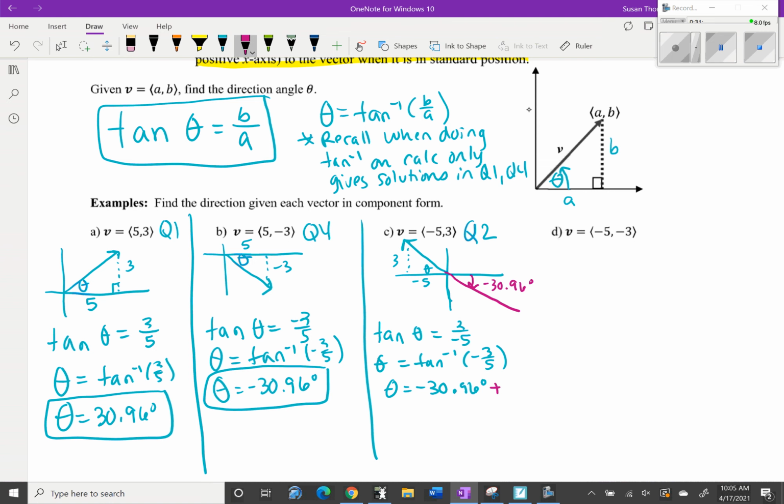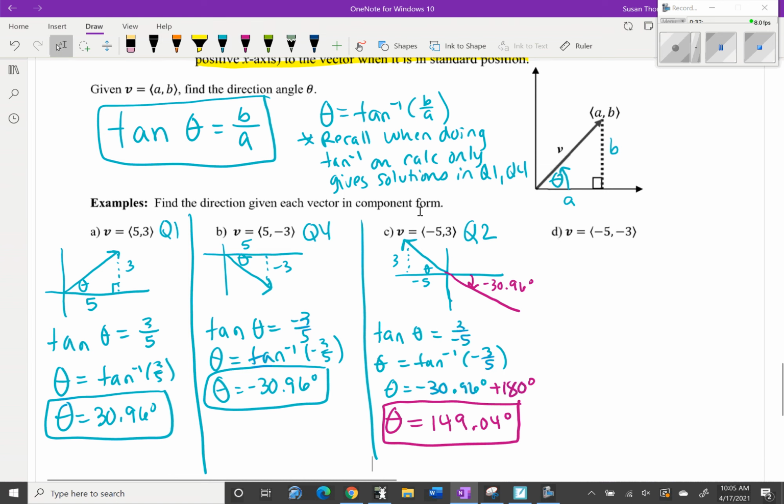So if I add 180 degrees to this, that's going to put me in quadrant 2 because we know our answer can't be in quadrant 4. So theta would be equal to 149.04 degrees. So that's what makes these a little bit harder, is that if you get a vector that's not in quadrant 1 or 4 and you're trying to find the direction, you have to add 180 degrees to your answer.